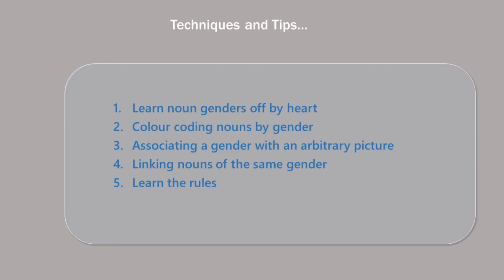And the 5th technique will be to actually learn the rules. There are some rules, but unfortunately they don't apply to all of the nouns, but there are some that you could learn. So I'll go through each one of them now in a little more depth and try to illustrate how it could work.